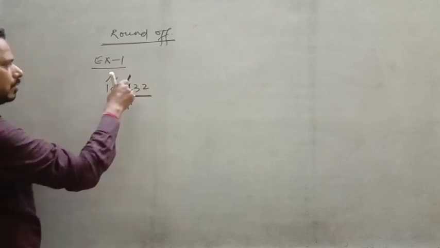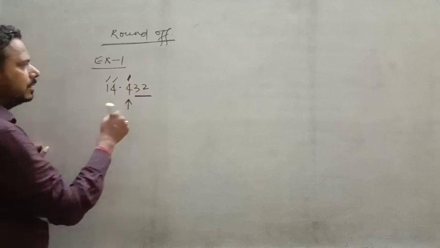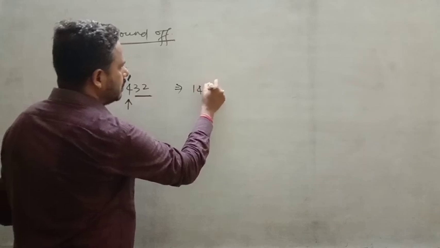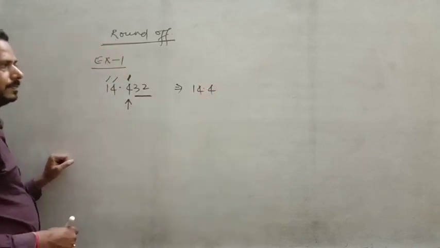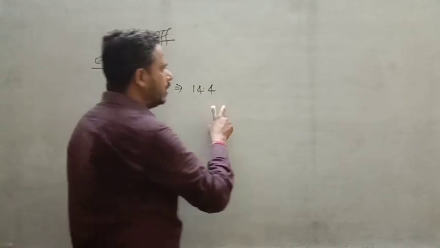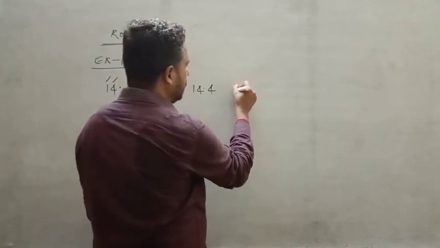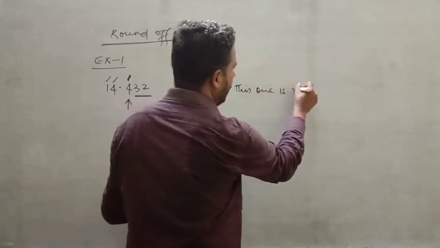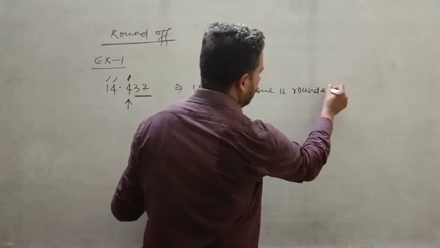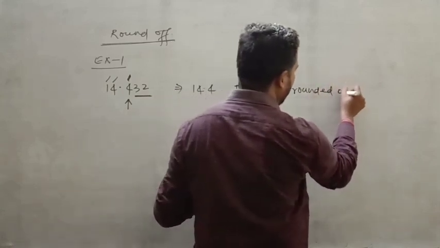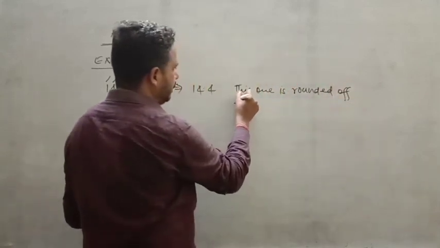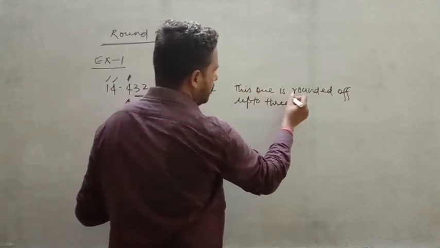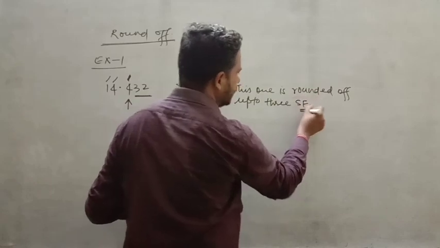That means after rounding off up to 3 significant figures, that would be 14.4. So this is rounded off up to 3 significant figures.